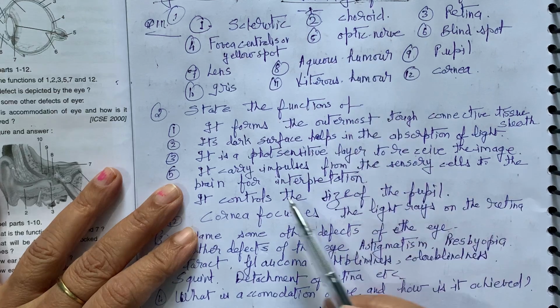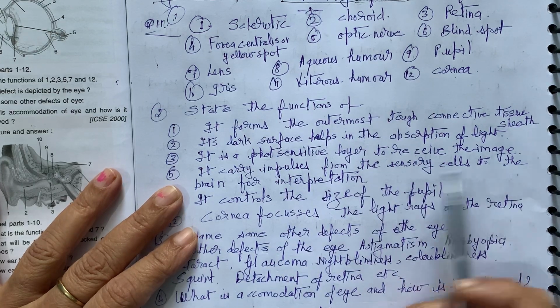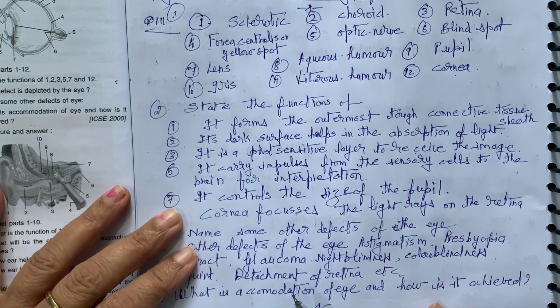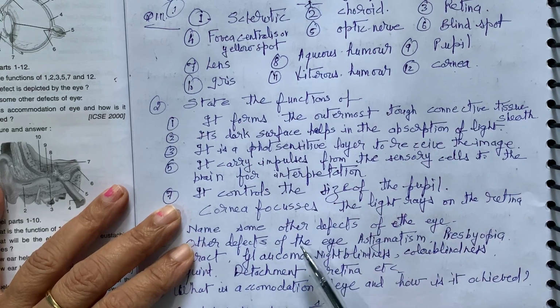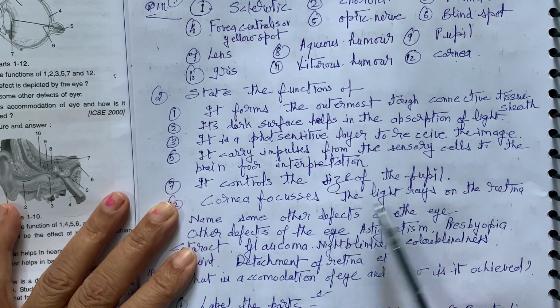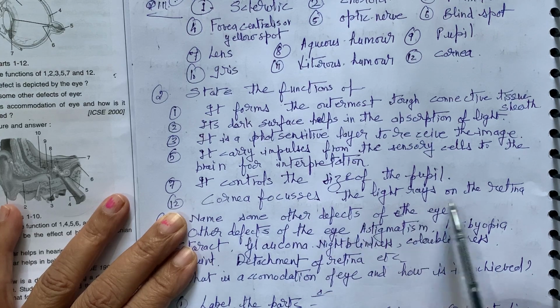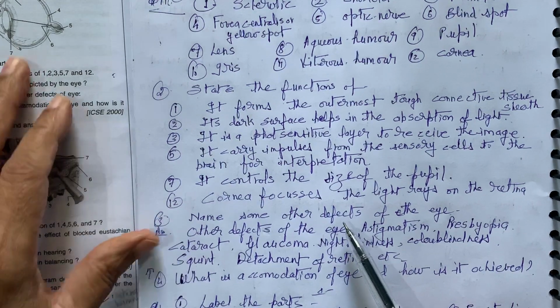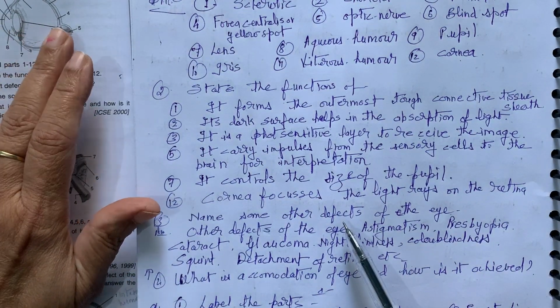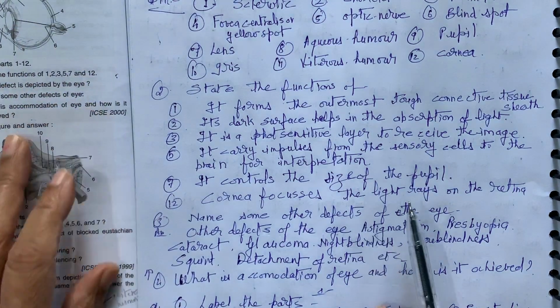And the fifth one, optic nerve, it carries impulses from sensory cells to the brain for interpretation. And the seventh one, the lens, it controls the size of the pupil. And cornea, it focuses the light rays on the retina. The cornea focuses the light rays on the retina, okay?